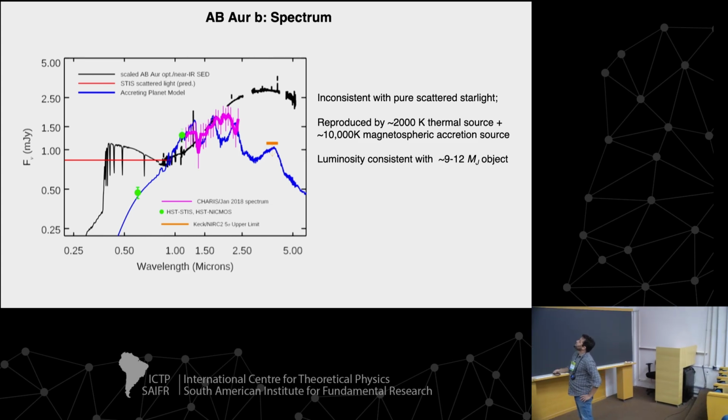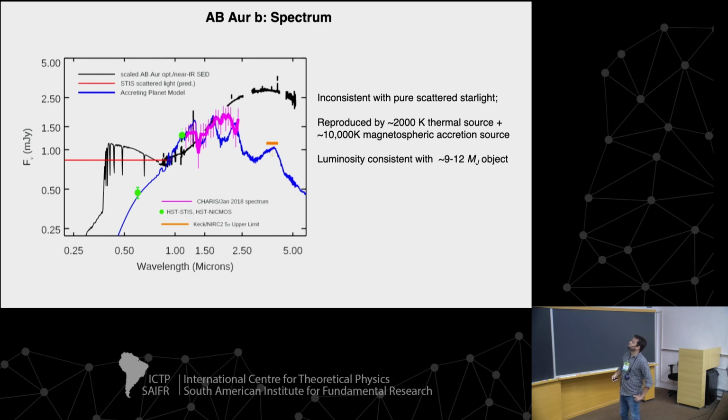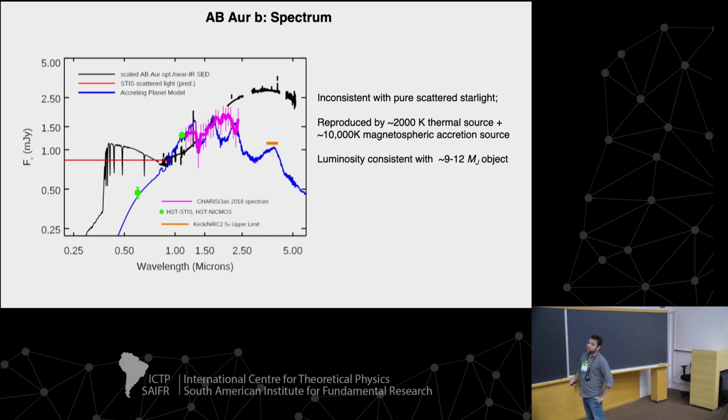Right. So this is inconsistent with pure scattered light, but it can be reproduced by this model here, the blue model, which is a thermal source at about 2,000 Kelvin with a magnetospheric accretion at about 10,000 Kelvin.